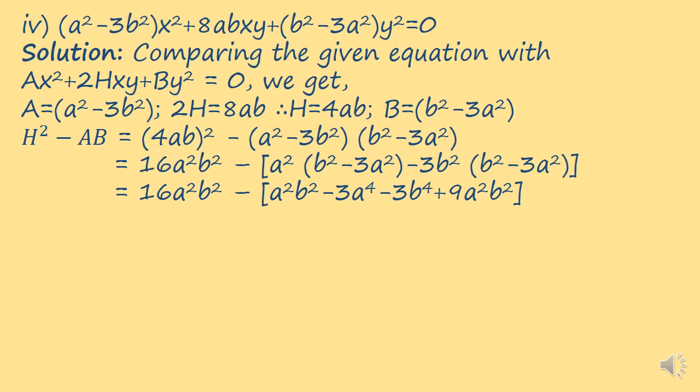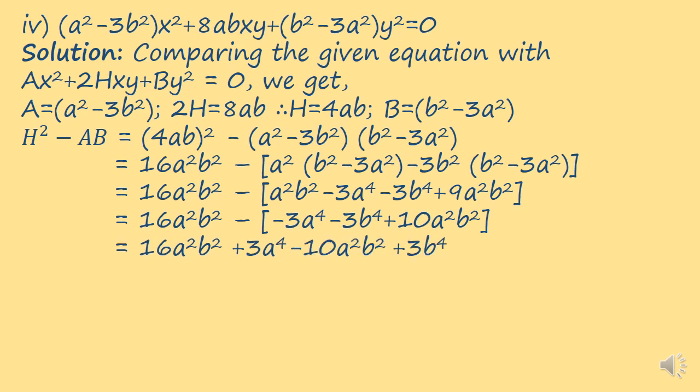so that we get these terms. In the next step, the similar terms are added, that is a square b square plus 9a square b square. We get 10a square b square. Rest of the terms remain the same. Then in the next step, the bracket is open because of the minus sign. The signs after the bracket change, as you can see over here. Then we get this particular term.